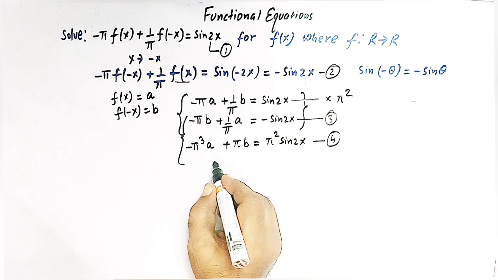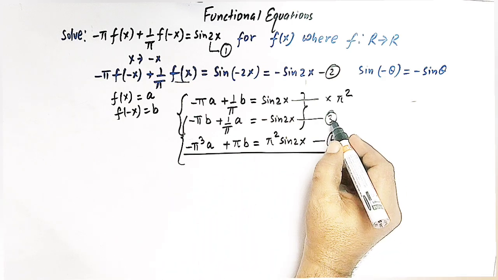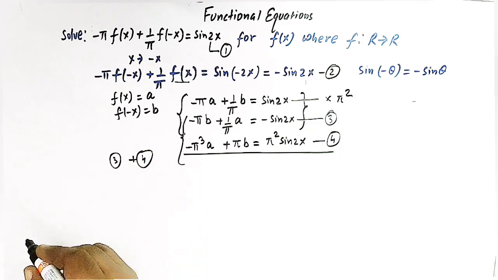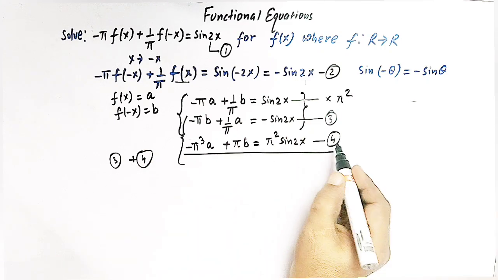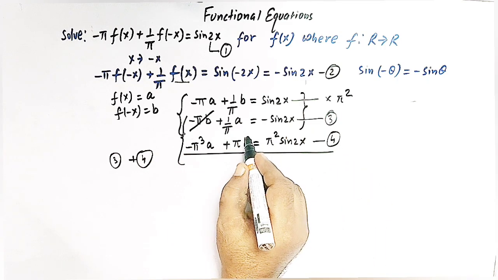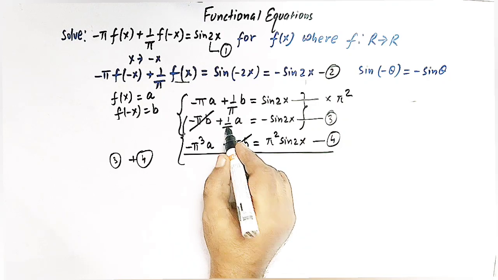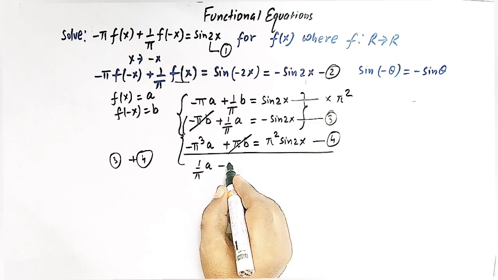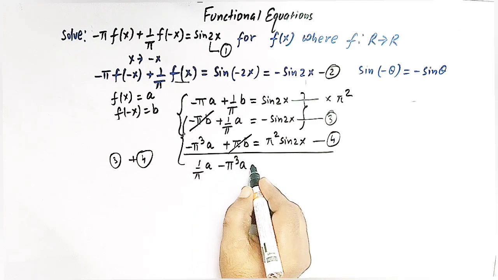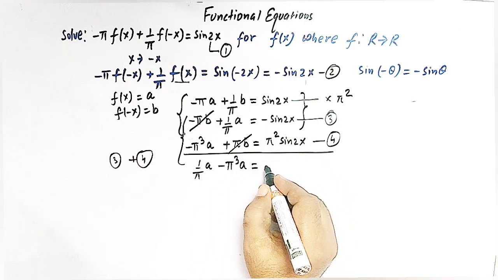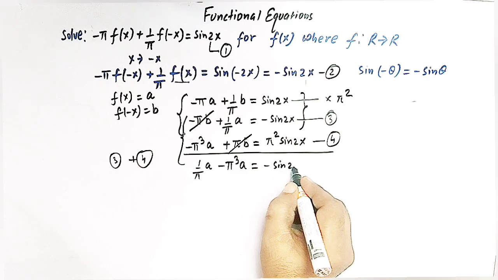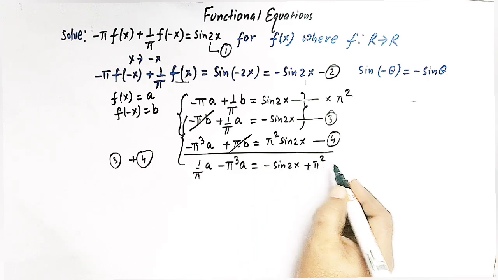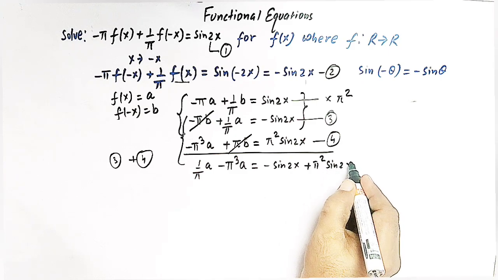Now let us add equations 3 and 4. Adding them, we can easily conclude that the b terms get cancelled, and we have 1 over pi a, minus pi cube a, minus sine 2x, and pi square sine 2x.